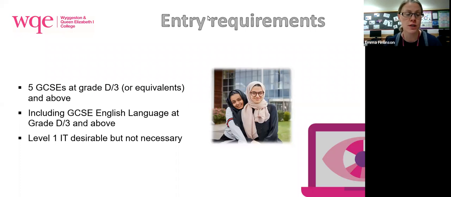And you possibly could have a level 1 in IT, but it's not necessary. When you enter into the level 2 in IT, we will take you through from the beginning anyway. So if you've got a level 1 in IT before you join, fantastic. But if you haven't, it doesn't really matter because we'll take you through from the beginning anyway.